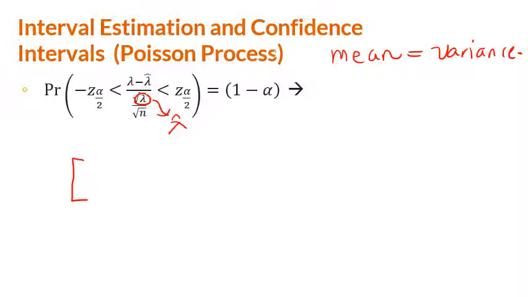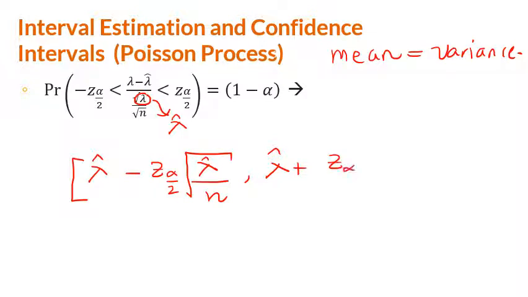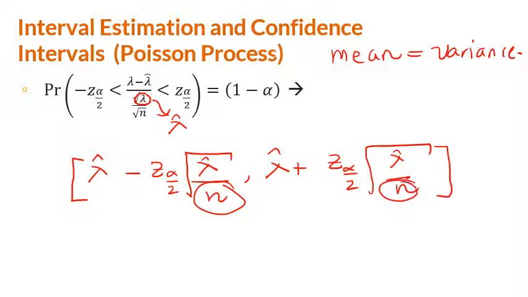So we have lambda hat minus Z alpha over 2 square root of lambda hat all over N, to lambda hat plus Z alpha over 2 square root of lambda hat all over N. Okay, and then similar dun sa previous na mga confidence interval, as your sample number N natin, which is a subset of your large population big N, becomes very, very large, the confidence interval becomes narrower.